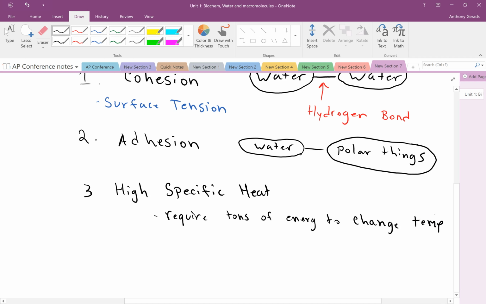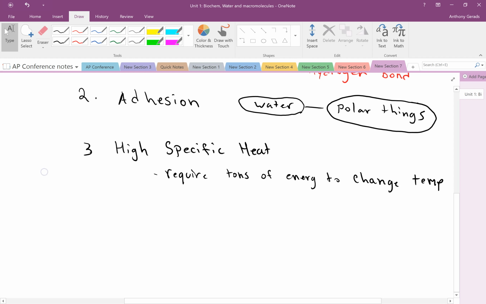So it's going to require a bunch of energy for water to change temperature. That's why it seems like it takes forever for water to boil. It's also why you can have water that gets really warm, because it requires a ton of energy for it to have high specific heat, or to change its temperature. It's also why water's really good at moderating temperature in coastal areas because of that high specific heat. Okay, so that's our next one. Water requires a lot of energy for it to change its temperature.